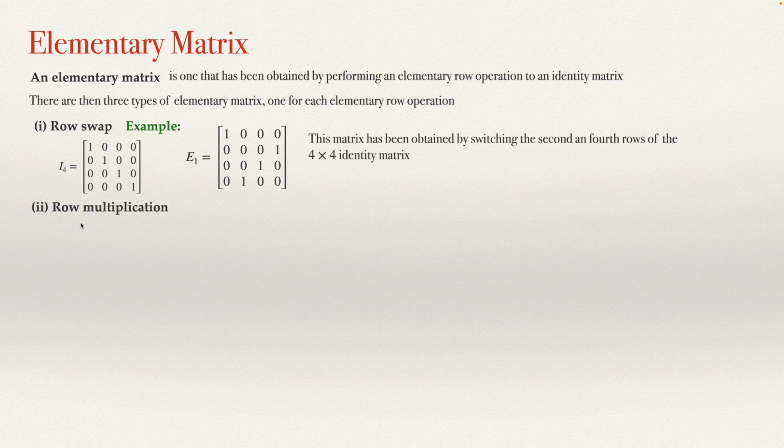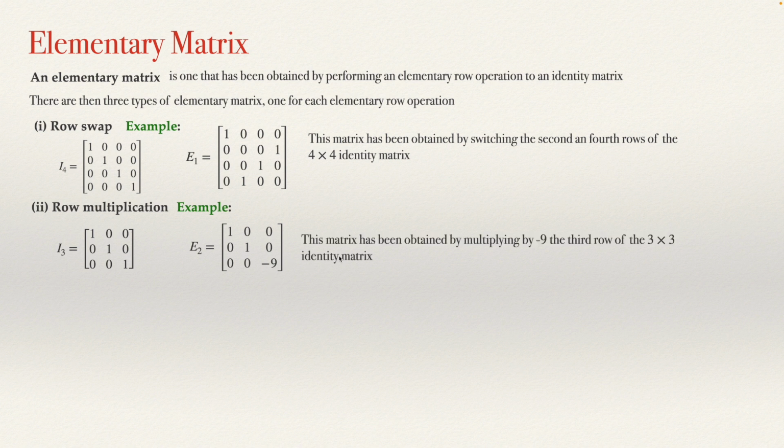Another example will be one in which we have made a row multiplication. For example, if we have this identity matrix, and notice this is the 3 by 3 identity matrix, we can make any row operation, and what we obtain is going to be an elementary matrix. For example, if we multiply this third row by negative 9, we have here an elementary matrix.